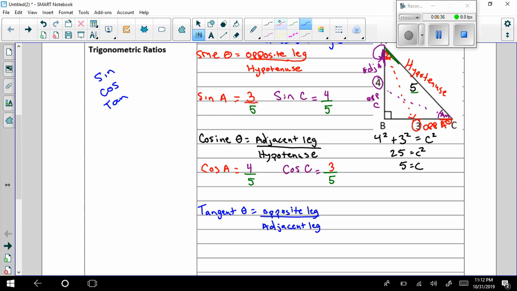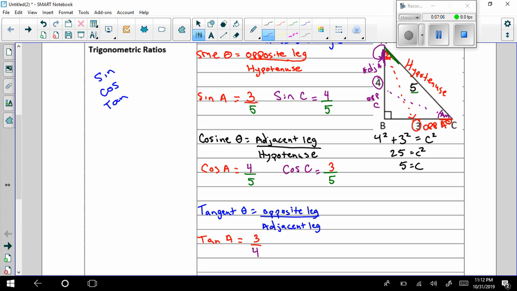All right, so using those same sides that we've now all labeled, the tangent to angle A is its opposite leg, which is across from it, so the 3, over its adjacent leg, which is right next to it, so the 4.